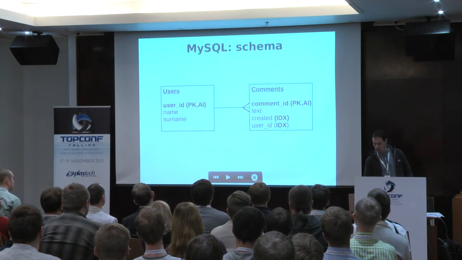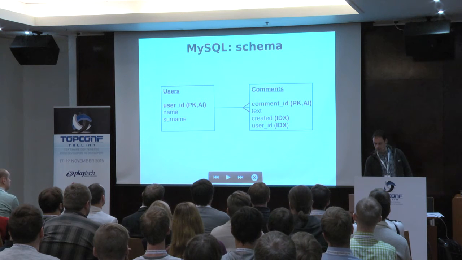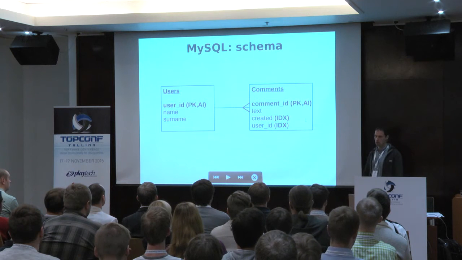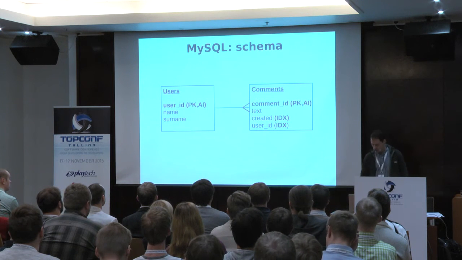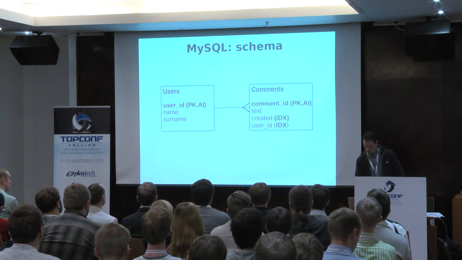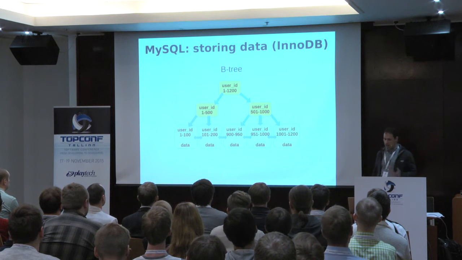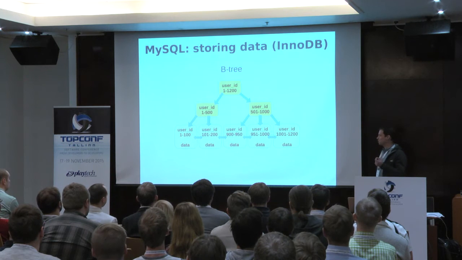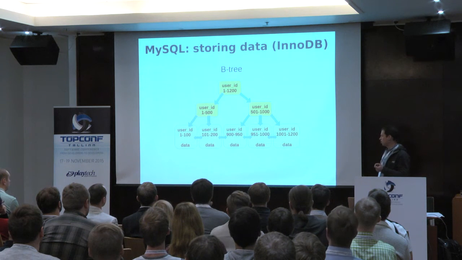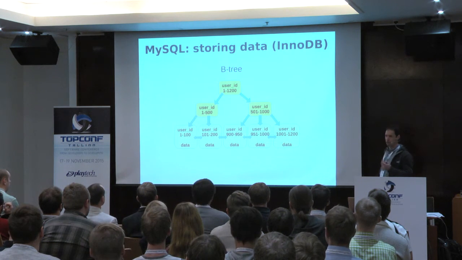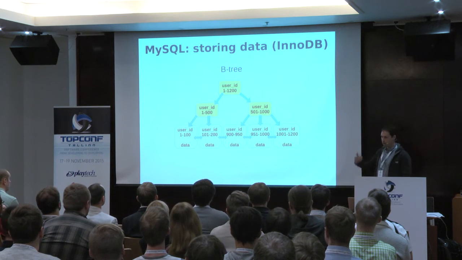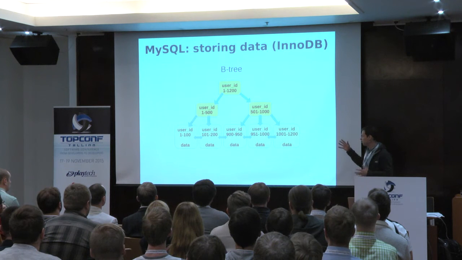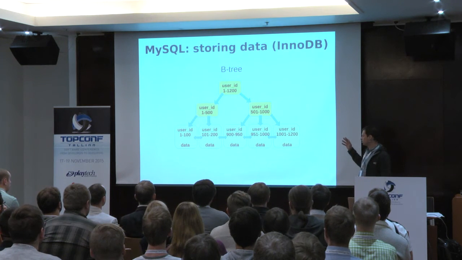We also define two indexes, on creation date and on user ID, because we are going to search using these fields. Technically, MySQL uses a B-tree data structure for storing and handling its data to make these algorithms more effective. I think it should be pretty familiar for developers.